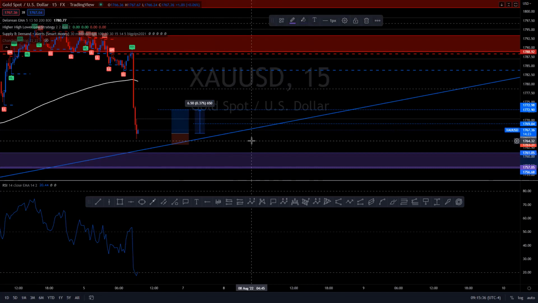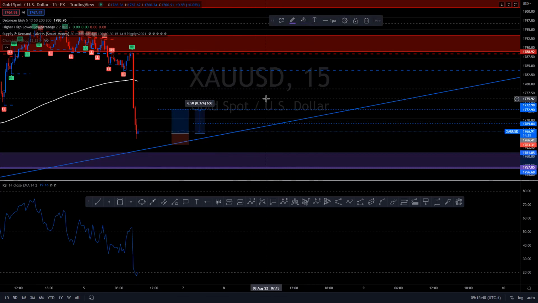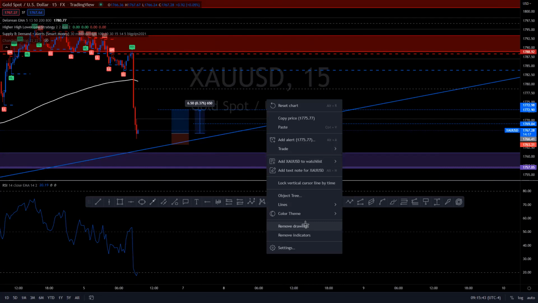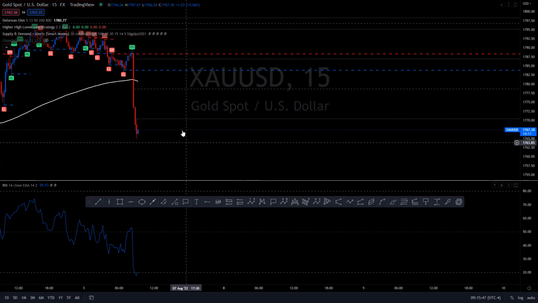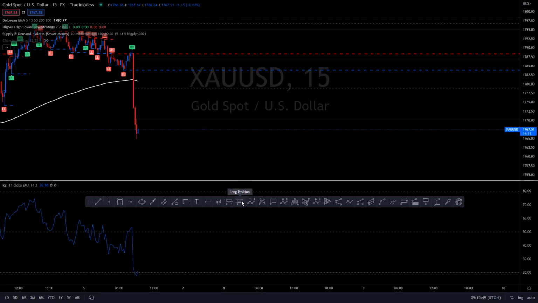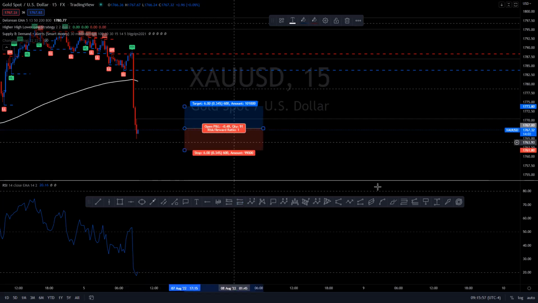This is the 9:15 candle. So what I'm probably going to do at this point is, to go for the long position, I'm going to wait for the next candle to close above this candle.